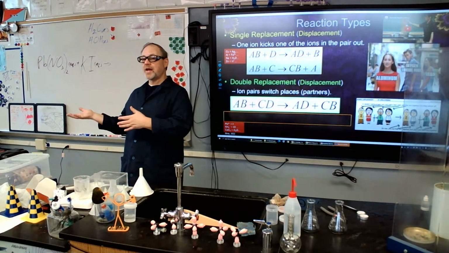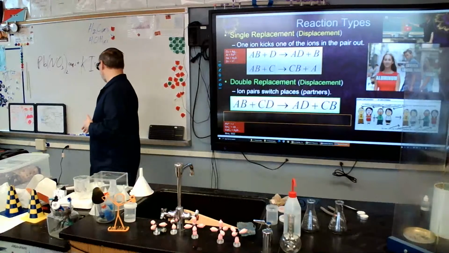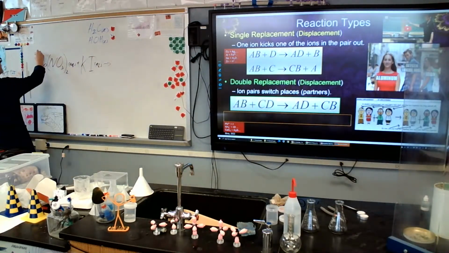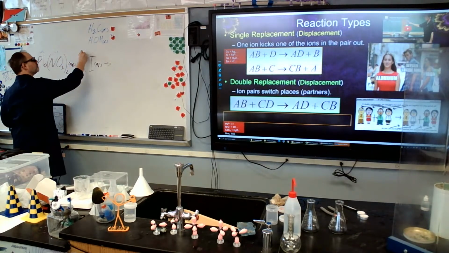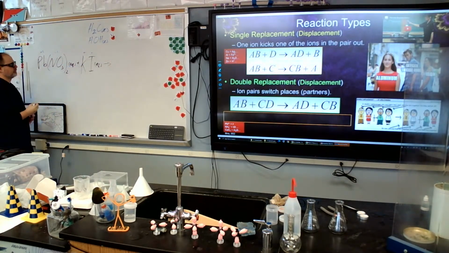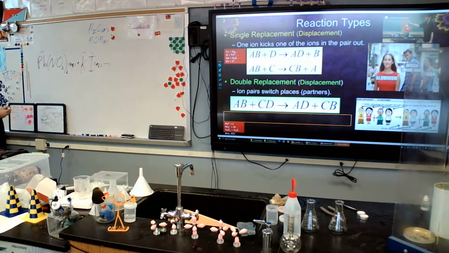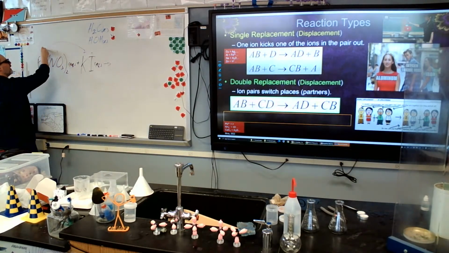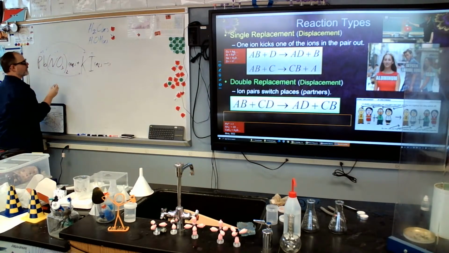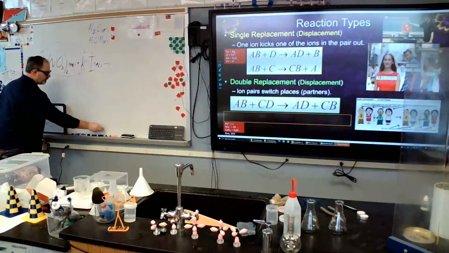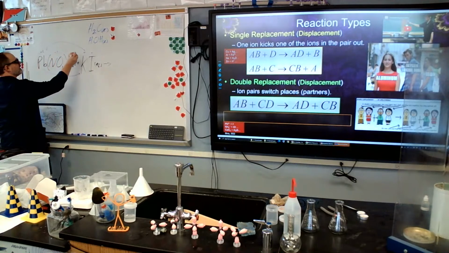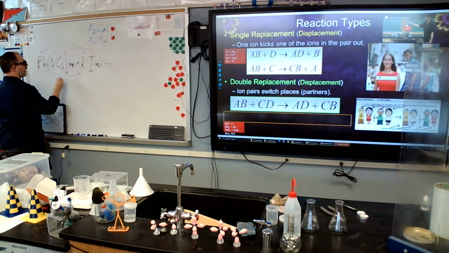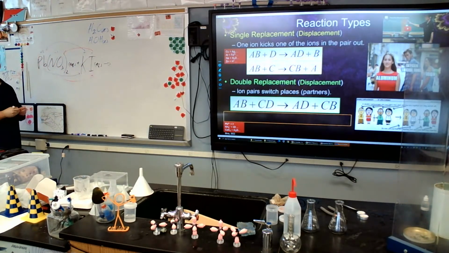So what will happen at the end is a positive, negative again. The lead here is +2, the nitrate's -1. The potassium is +1, the iodine is -1. So the potassium and the lead will swap partners because they're both positive, and the nitrate and the iodine will swap partners because they're both negative.